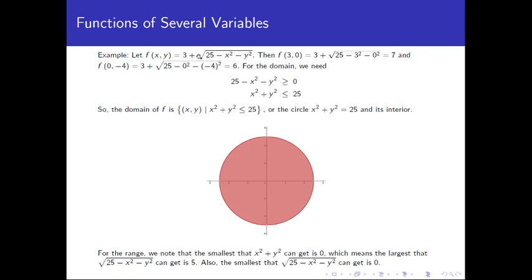The smallest the square root could ever get is 0. So the square root of 25 minus x squared minus y squared has to be between 0 and 5, and we're adding 3 to it. So the range is all of the numbers z, and usually we associate the variable z with the outputs, such that 3 is less than or equal to z is less than or equal to 8.